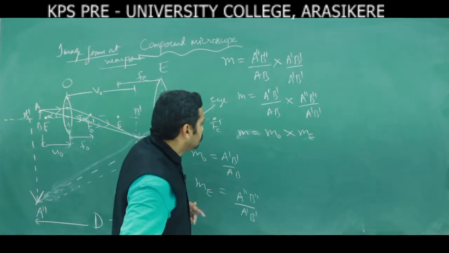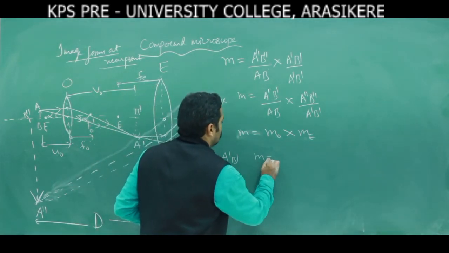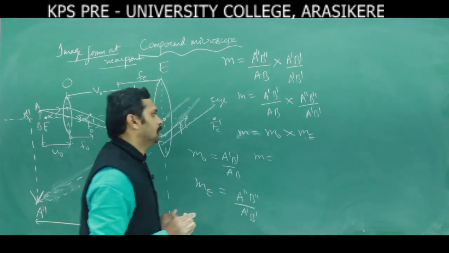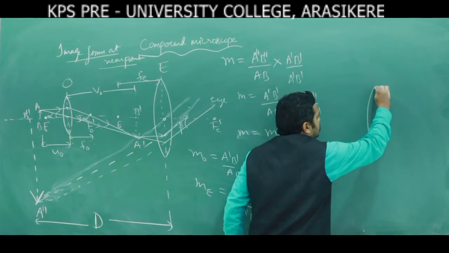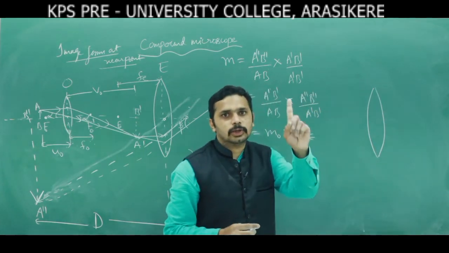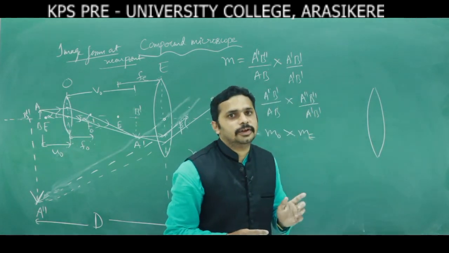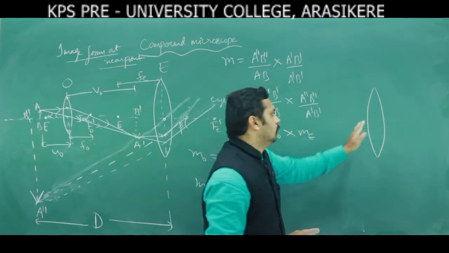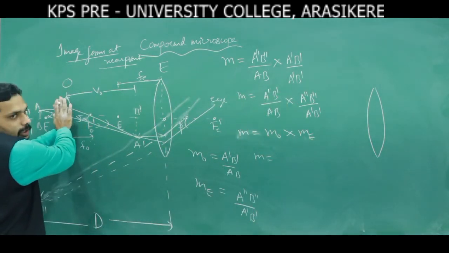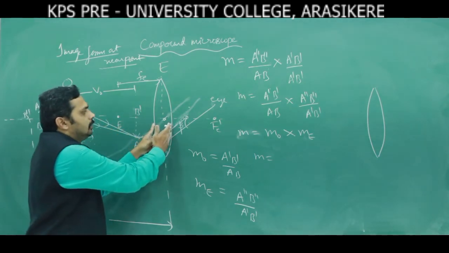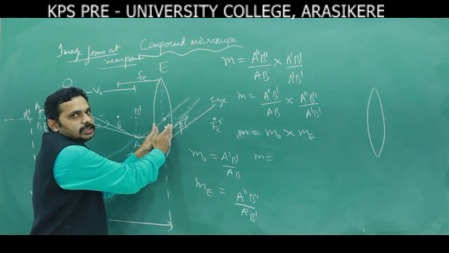Now M is equal to M naught into ME. Here we know that in the last case, a simple microscope consists of one converging lens of shorter focal length. Now assume you take one lens away. In the absence of the objective lens, this only one lens behaves like a simple microscope.